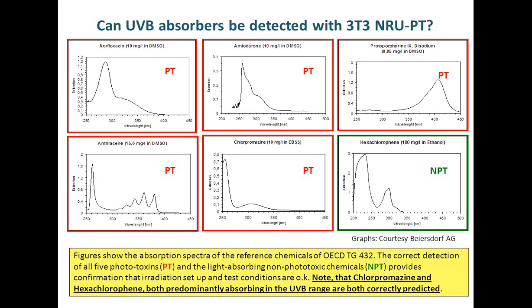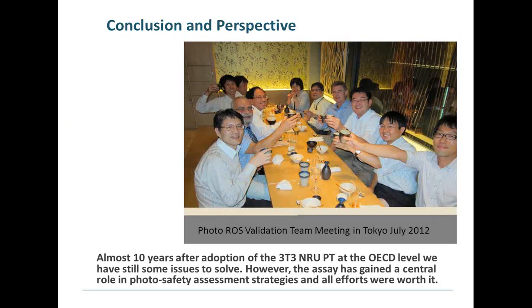That is so limiting also in vivo assays that people always have to filter great parts of the UVB away, because it's phototoxic itself. Okay, so that's what I wanted to show with this as an example: you shouldn't be afraid that UVB absorbers cannot be tested. Yes, they can. Next slide, please.